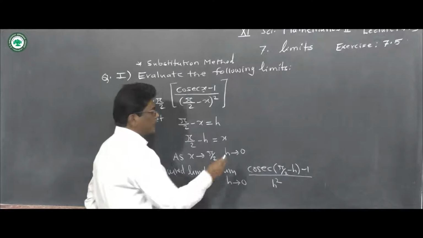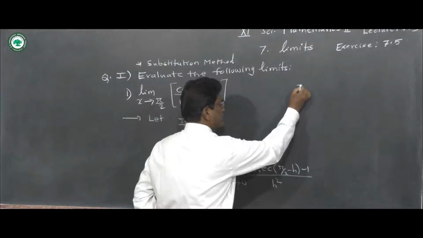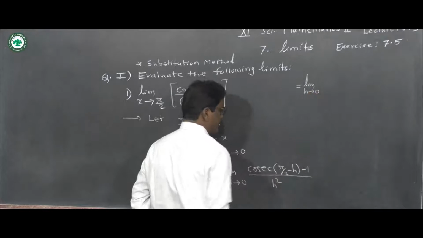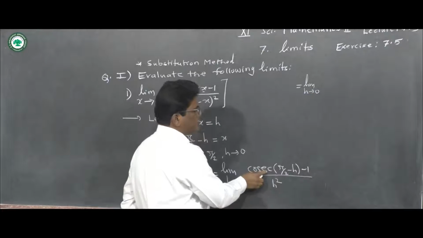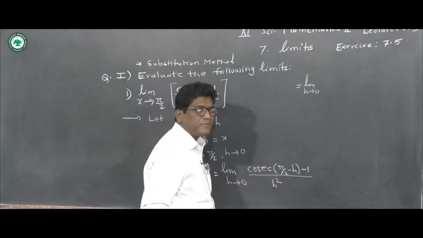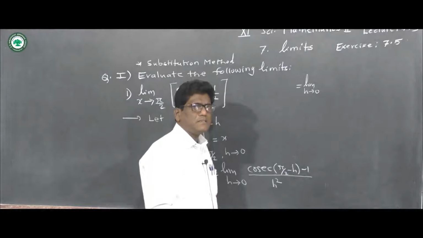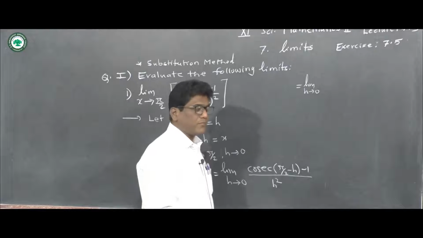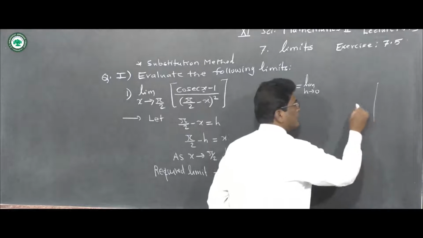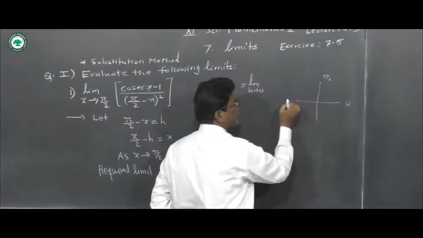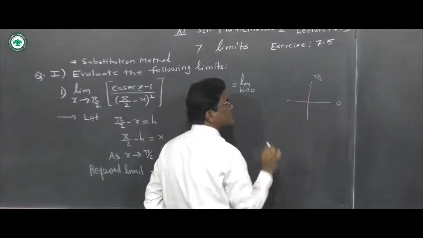So the required limit is equal to limit as h tends to 0. Now we must know the formula of cosec of 90 minus theta. It lies in the first quadrant. Here it is 0, here 90, here 180, 270 and 360.